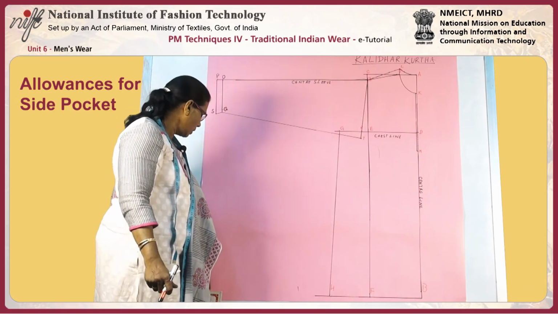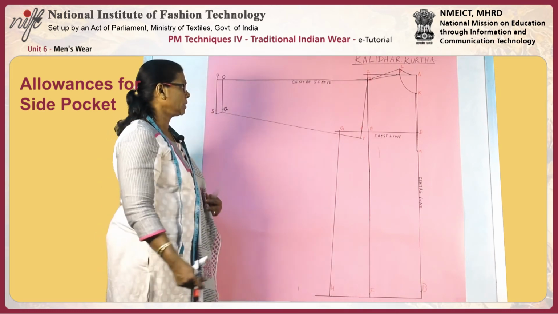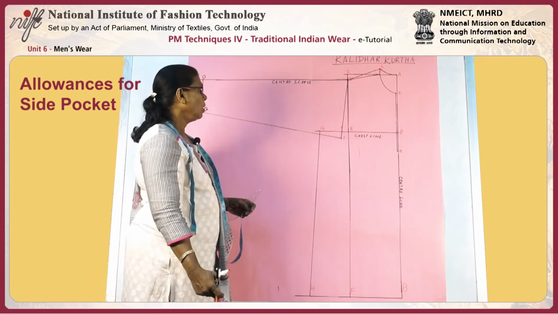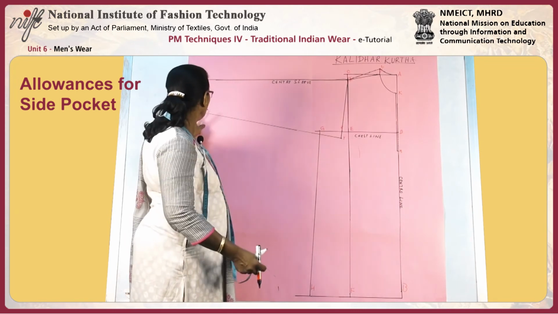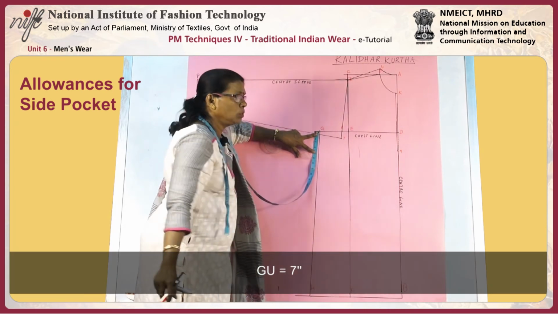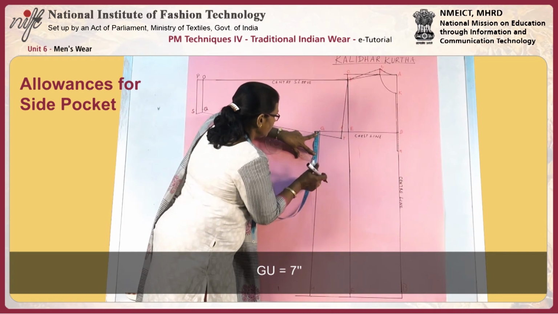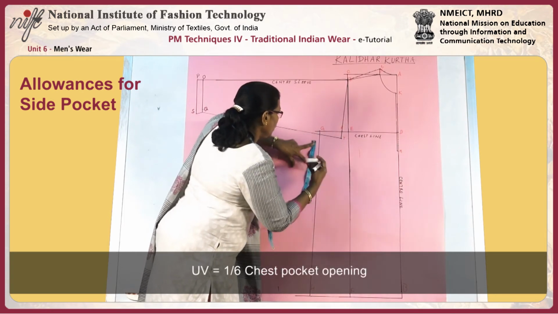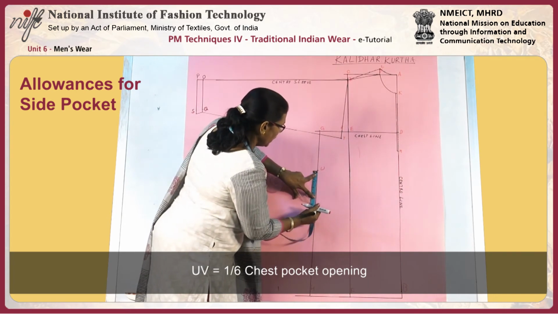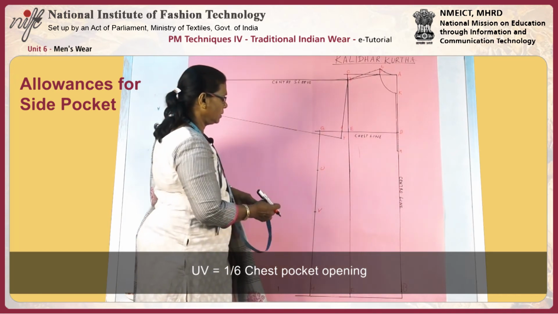Now we are going to mark the allowances for the side pocket and for the slit. Now we are going to mark the pocket opening after STU. GU is equal to 1/6 of chest as 7 inches, and UV is also the pocket opening, chest by 6 as 7 inches.